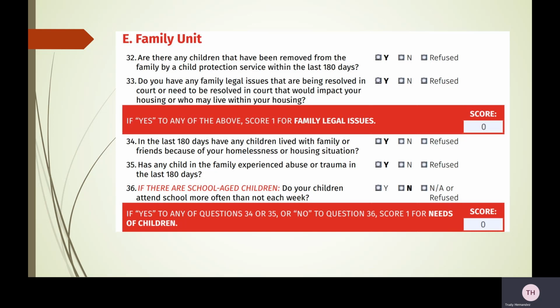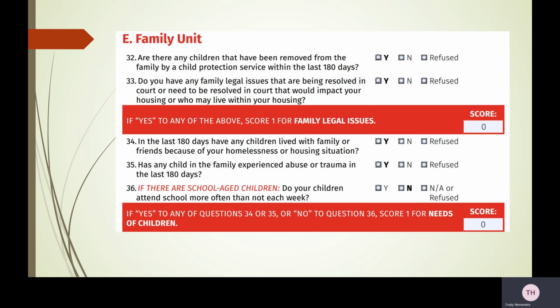You'll see 180 days listed a lot in the family section. The reason that they selected 180 days is that it's the number and the way that Child Protective Services usually works.